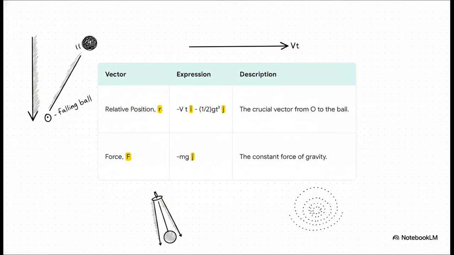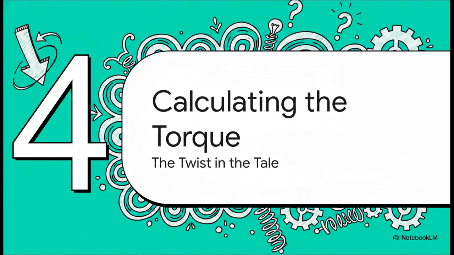So the relative x part is 0 minus vt, which gives us negative vt in the i direction. Makes sense, right? And vertically, the ball's position is just your standard freefall equation, negative 1/2 gt squared in the j direction. This relative position vector, honestly, getting this right is the entire secret to the problem. Okay, we've got our tools, we've defined our vectors, now for the fun part, the calculation.